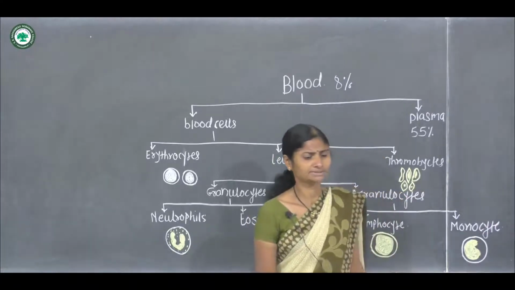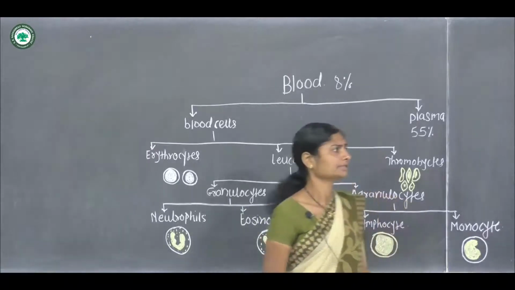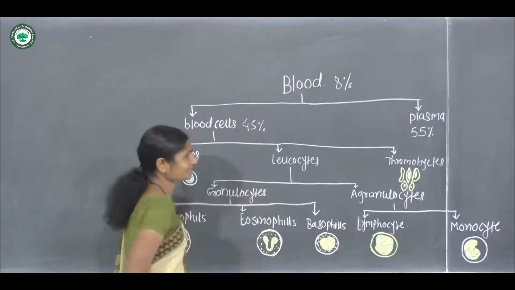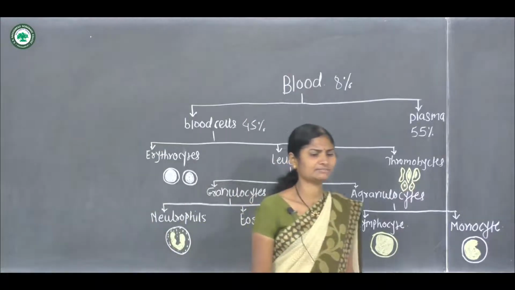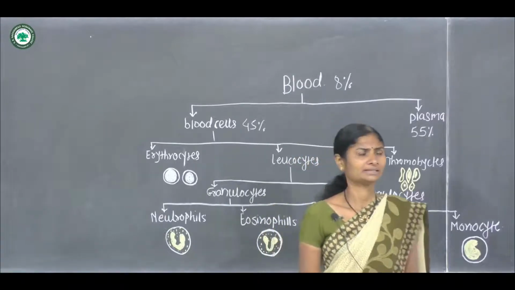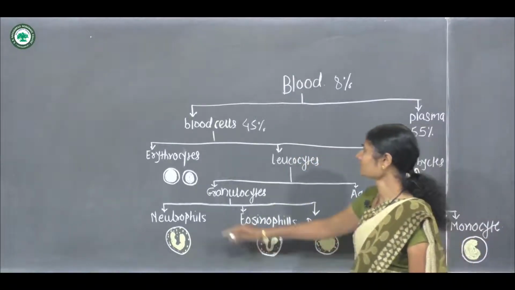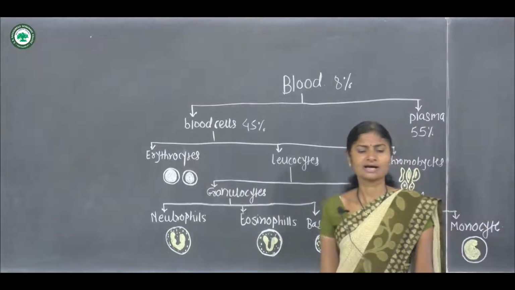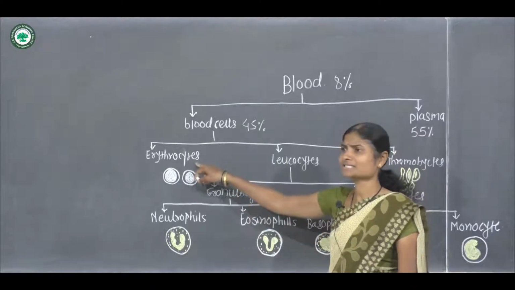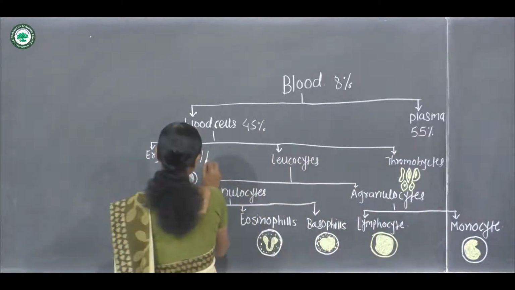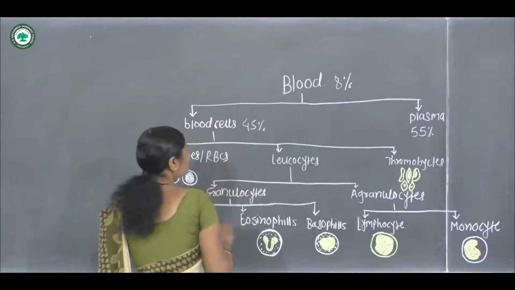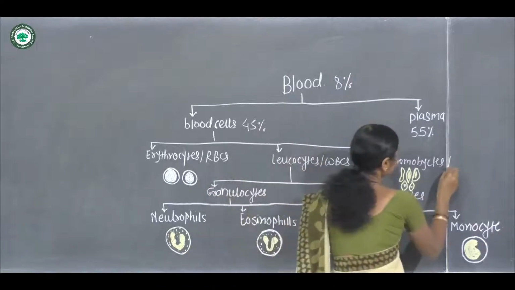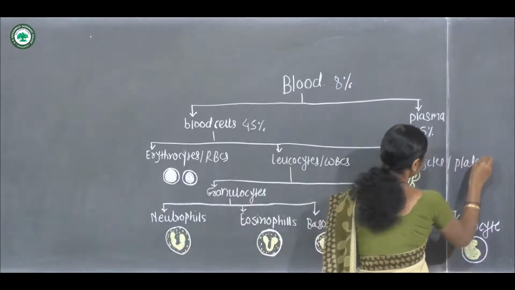The next part is blood cells. About 45% blood cells are present, and these mainly form 3 types: erythrocytes, leukocytes, and thrombocytes. Erythrocytes are also called RBCs, leukocytes are also called WBCs, and thrombocytes are also called platelets.